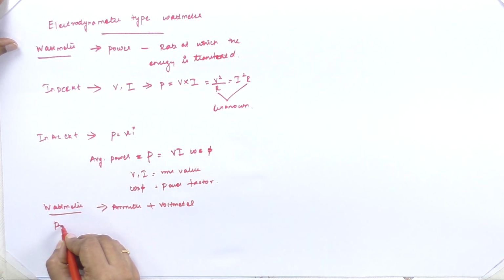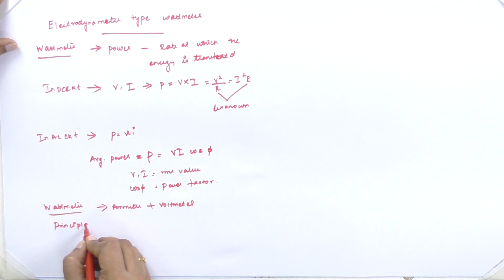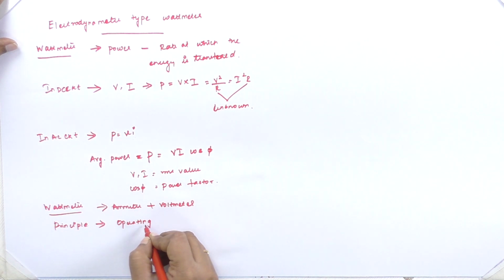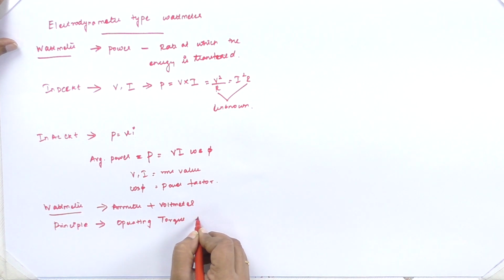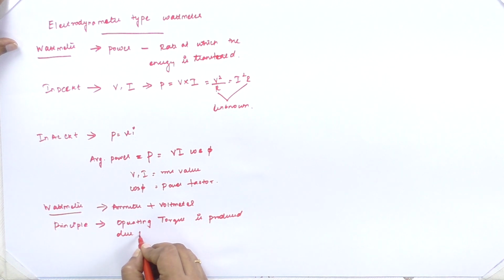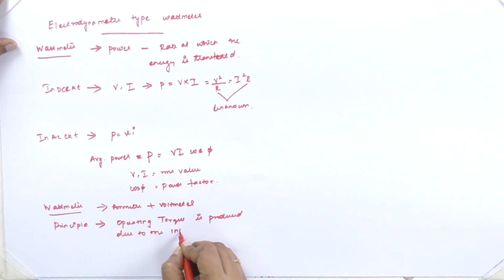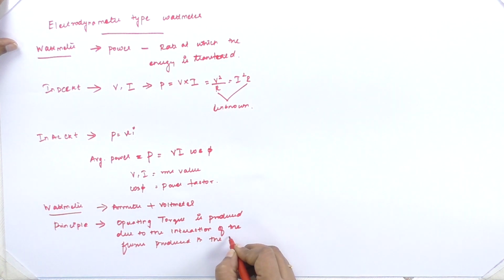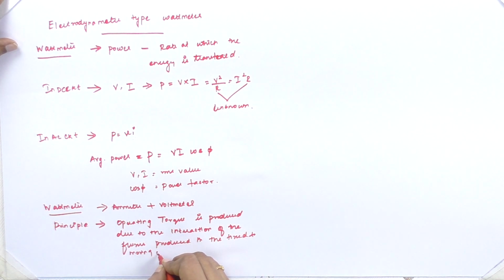The principle of the wattmeter is that the operating torque is produced due to the interaction of the fluxes produced in the fixed and moving coil.